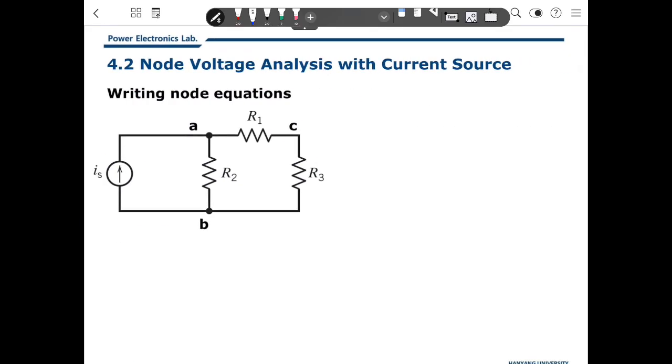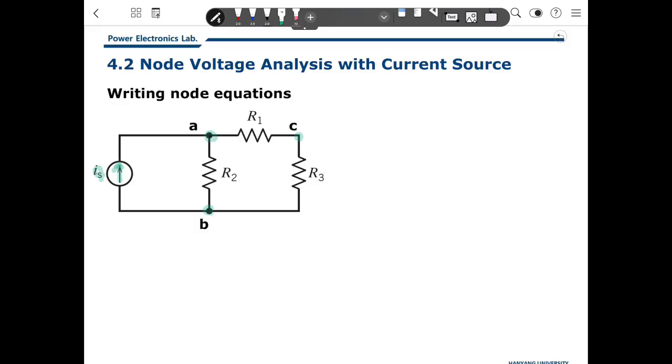Okay, this is an example to make a node equation. First, there are three nodes, A and B and C. Now this IS is a current source. And first, what should we do?